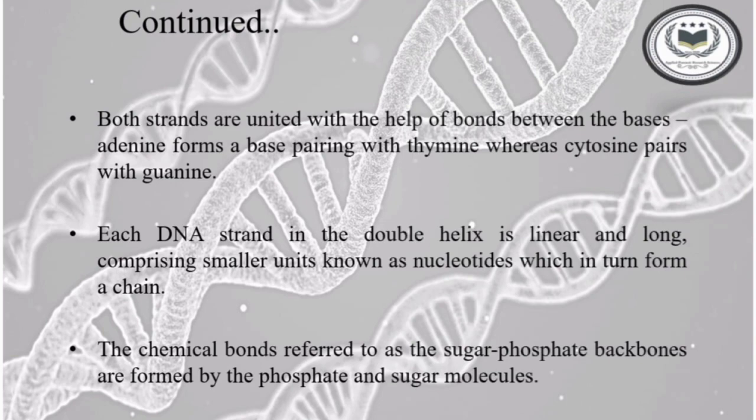Both strands or both chains are coiled around each other and are united with the help of bonds between the bases, with adenine forming base pairs with thymine and cytosine pairing with guanine. That is, A pairs with T and G pairs with C, forming AT and GC pairs. These chemical bonds are referred to as sugar phosphate backbones because they are formed by phosphate and sugar molecules.